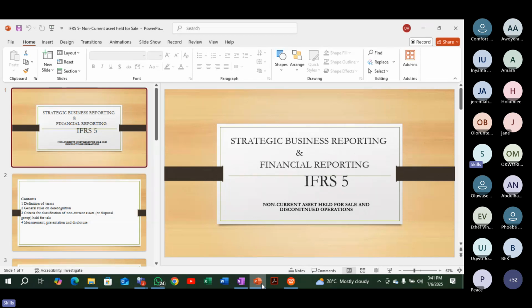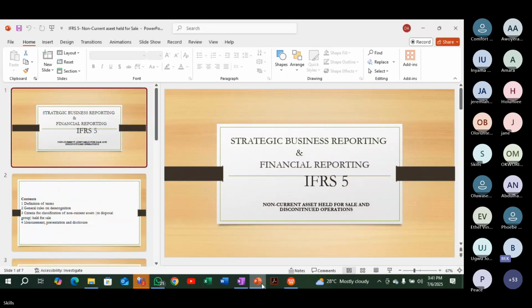As we continue, we will see the rules guiding IFRS 5. And mind you, accountants, something that will help you is to just know the principle. For those who feel they have left school for a very long time, or those coming from foundation, for this particular standard, it is not hard once you know the principle.